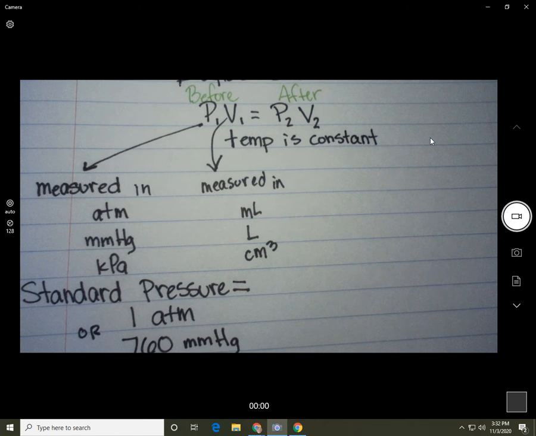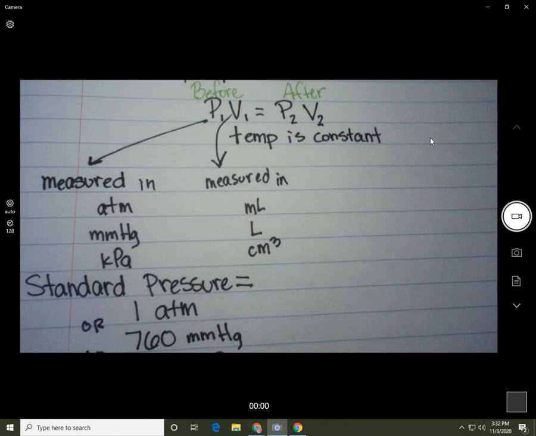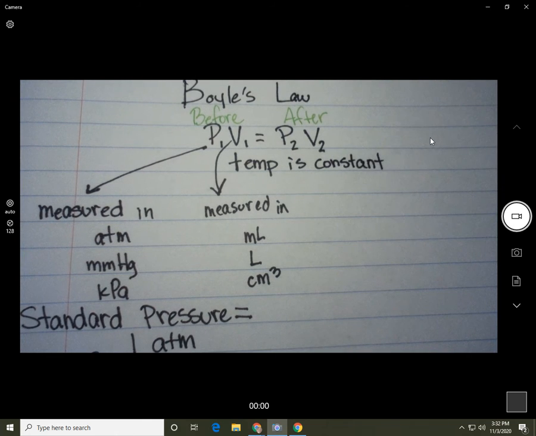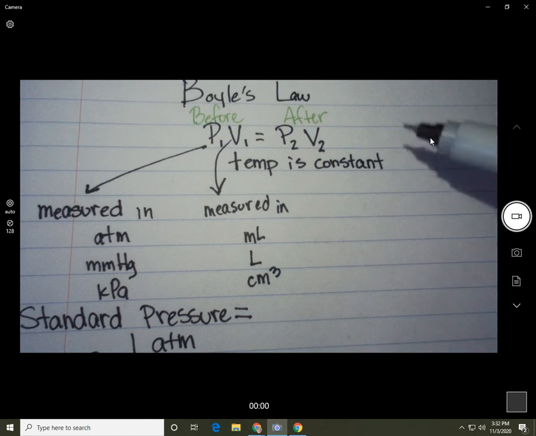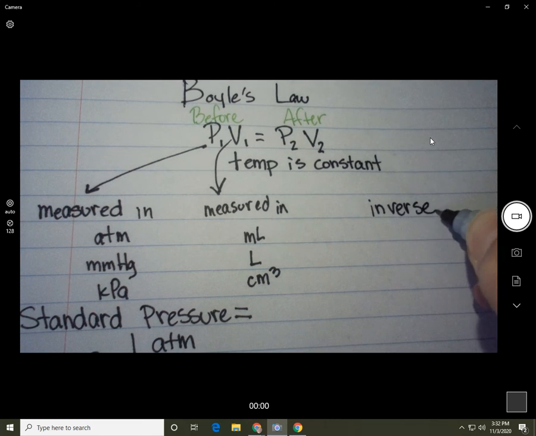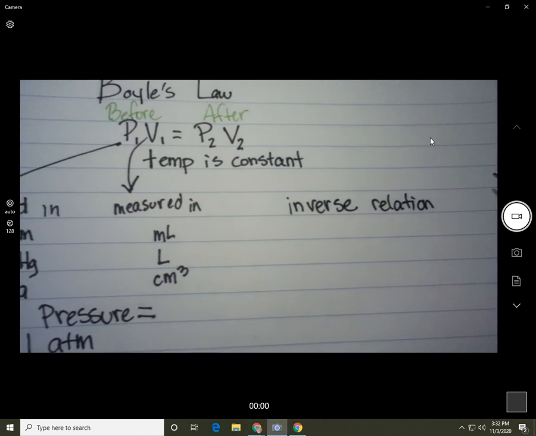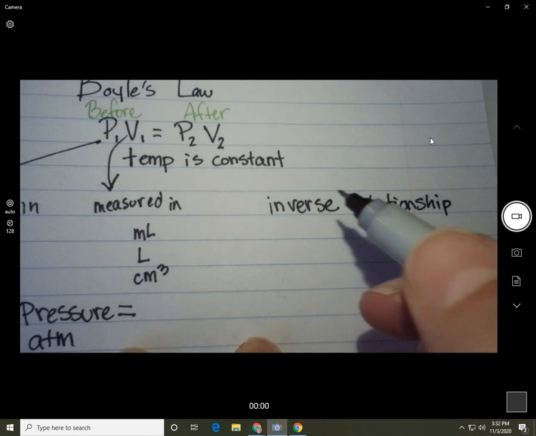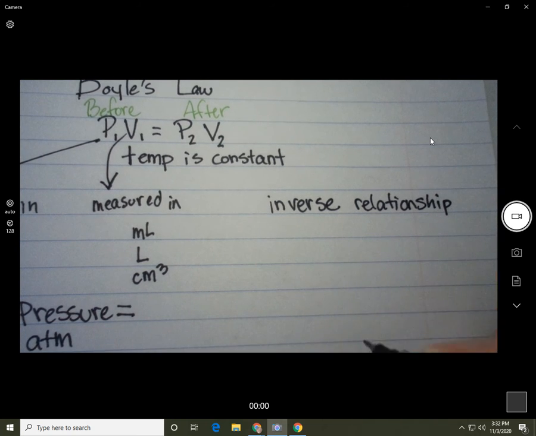So we already said a lot in these notes, but let's look at our problem here. If I know that the initial pressure and volume has to equal the final pressure and volume, then I know that this is an inverse relationship. And so in an inverse relationship, it means it goes the opposite.